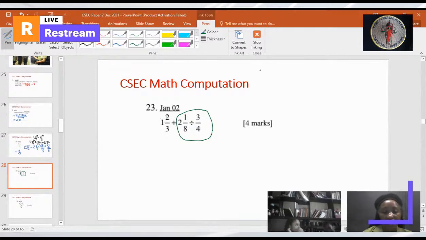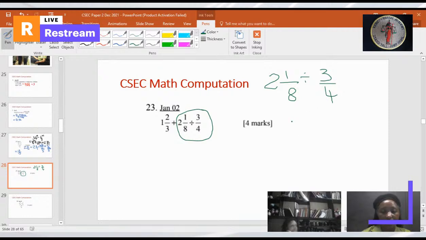So we're working 2 and 1 over 8 divided by 3/4. We change the 2 and 1 over 8 to an improper fraction. Is that 9 over 8?